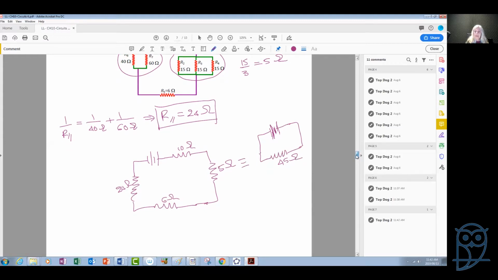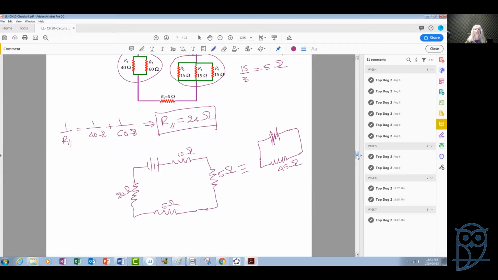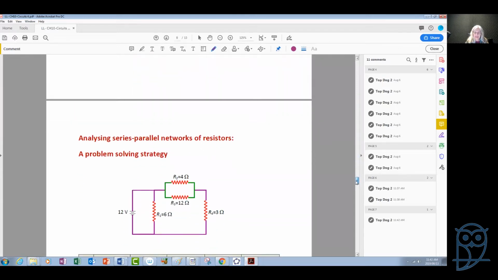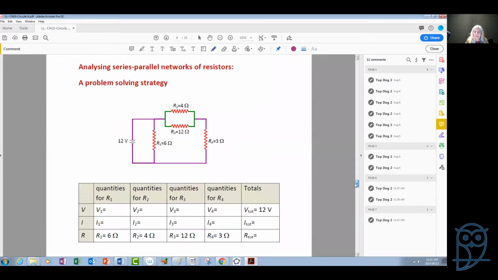Now, let us apply all these things in analyzing a circuit. Let's see. What do we mean by analyzing a circuit? Analyzing series-parallel networks of resistors. Series-parallel networks means that our circuit is complex. It's neither series nor parallel, but it has a combination of both.